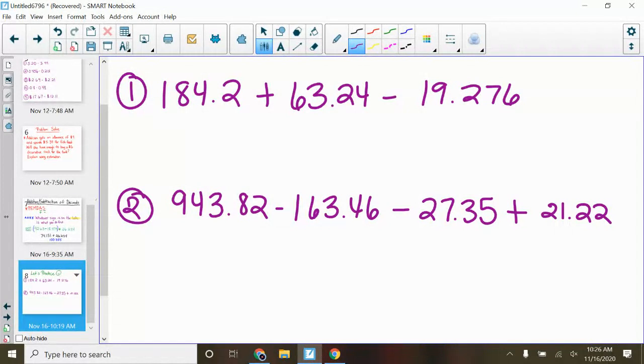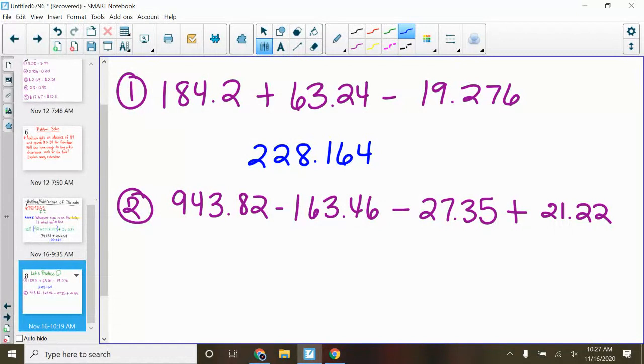So, for the first one, your answer is 228.164. Remember, in order to have gotten that right, you had to do it on the left first. So in this problem, it was addition. So the addition came first, then the subtraction, okay?